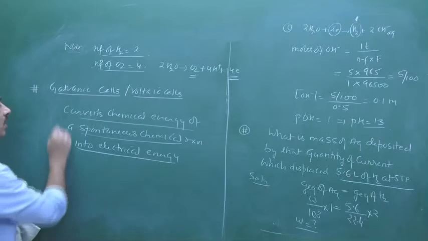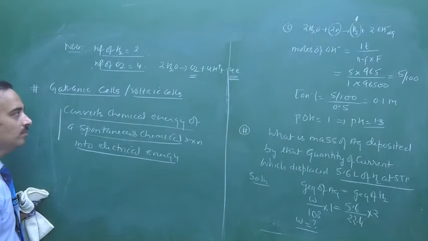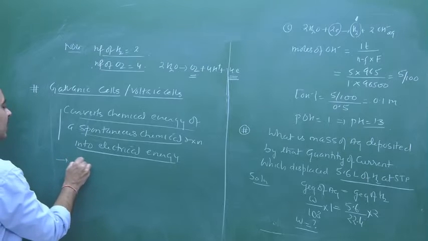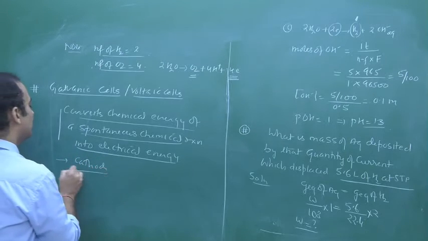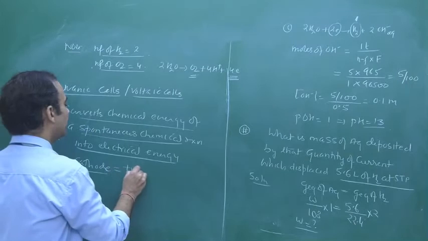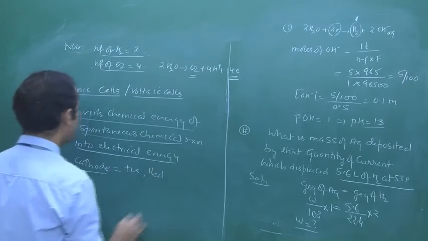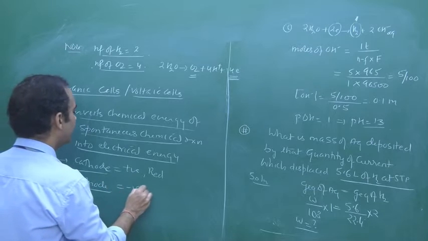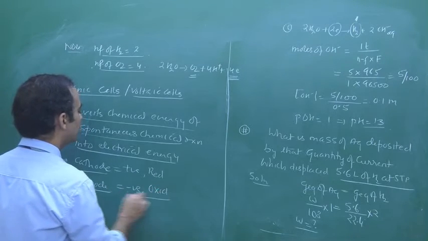Now we can say, in a galvanic cell, the cathode is positive and reduction takes place. The anode is negative and oxidation takes place.